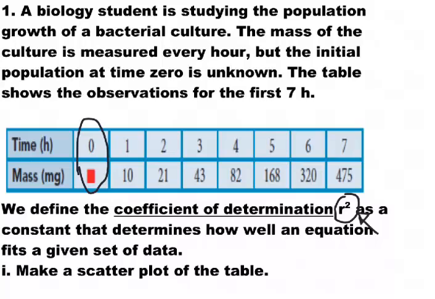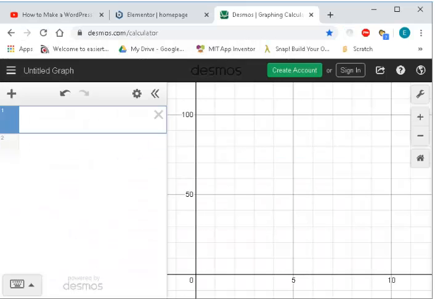So, if this table of values is given, the first part of the question says, make a scatter plot of the table. So I'm going to use Desmos to plot a scatter plot.